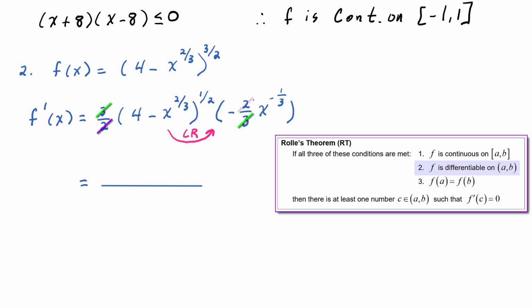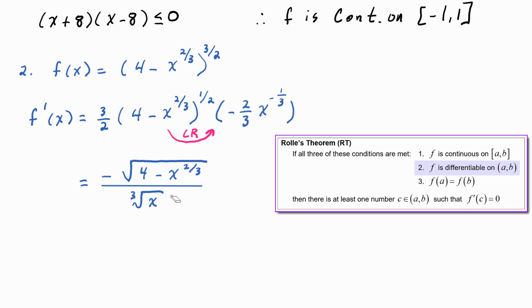The 2 cancels with the 2 here, so the coefficients are gone. So in the numerator, we will have this radical. We will also have this negative sign. So we have negative square root of 4 minus x to the 2/3. And then in the denominator, we will have the cube root of x.